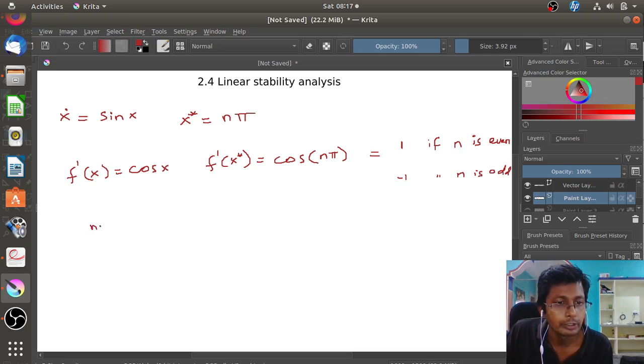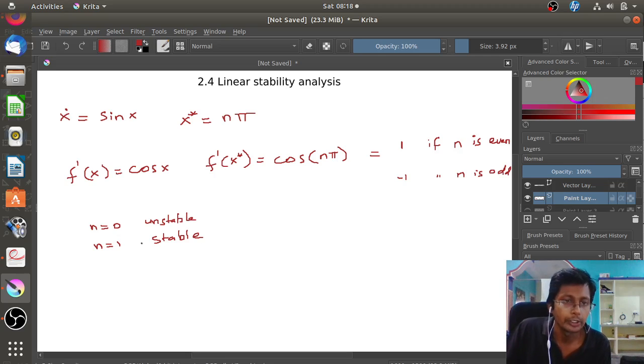When n is equal to 0, we observe an unstable fixed point. And when n is equal to 1, the fixed point, which is pi, at that time it was stable. So we could identify the solution using this linear stability analysis as well.